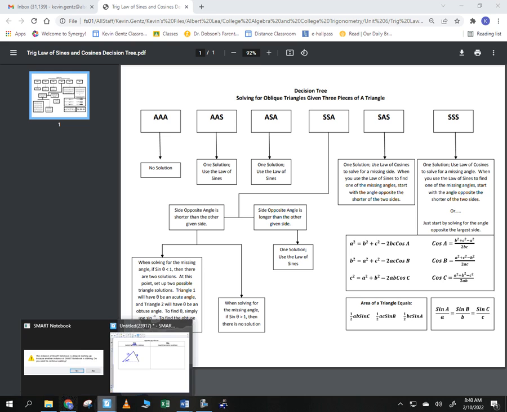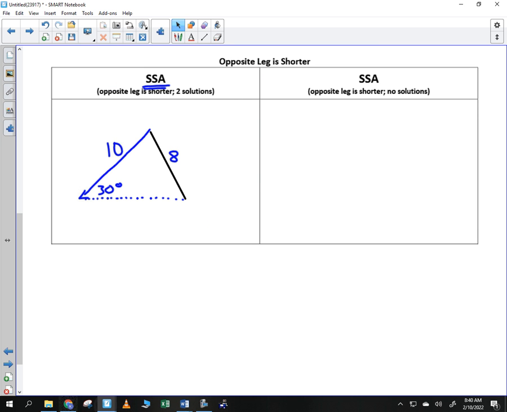So here's what I want to show you today, and this is what needs to sink into your brain. First of all, side-side-angle, side opposite is shorter than the other given side. Watch my second solution. If I take this side and I were to swing it like that, does everybody agree that this side is still 8?